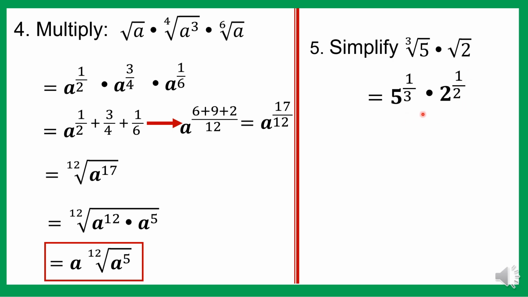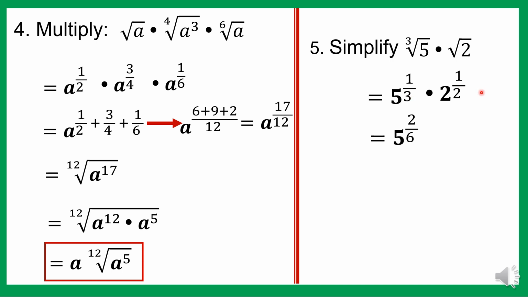So, dito we cannot apply rules of exponent in multiplication kasi magkaiba yung ating base. So, ang gagawin pa rin po is we're going to find the LCD of our exponents na 1/3 and 1/2. Then, sisimplify po natin. So, magiging si 5 raised to the power of 2 over 6. Bakit naging 2 over 6?